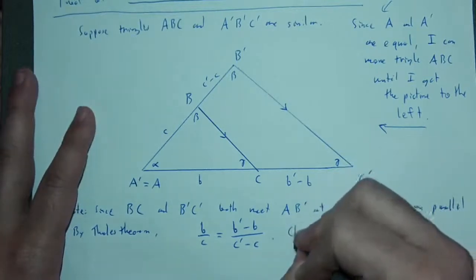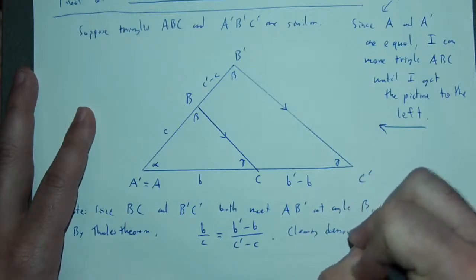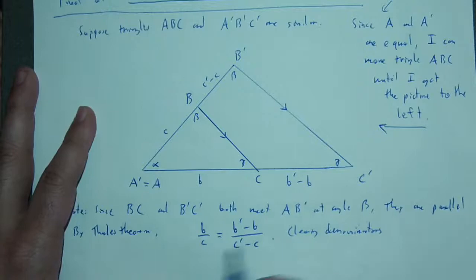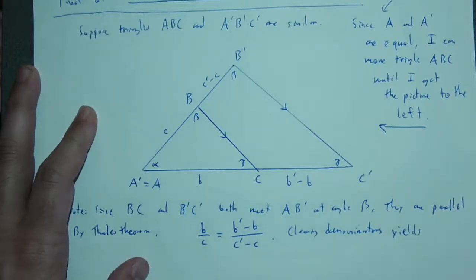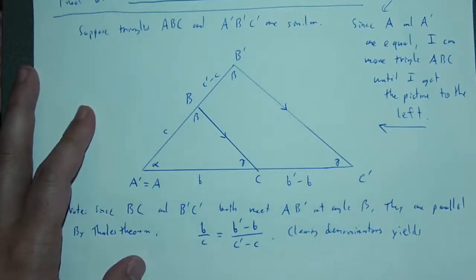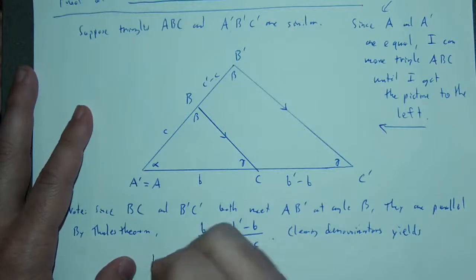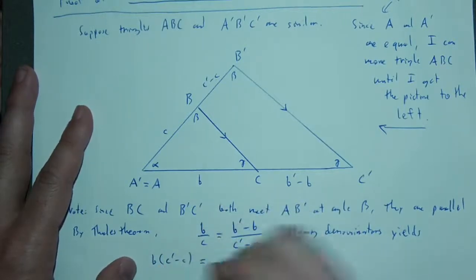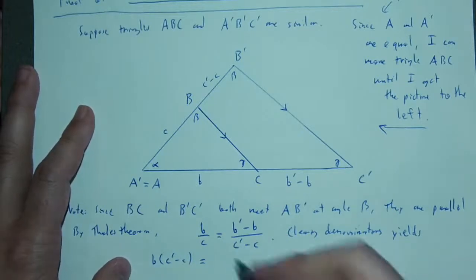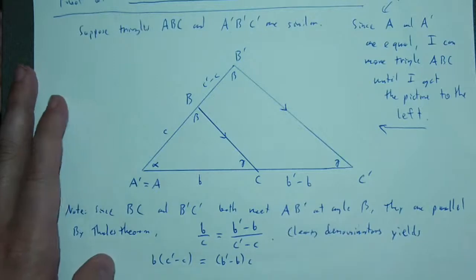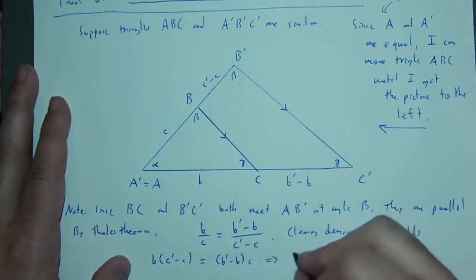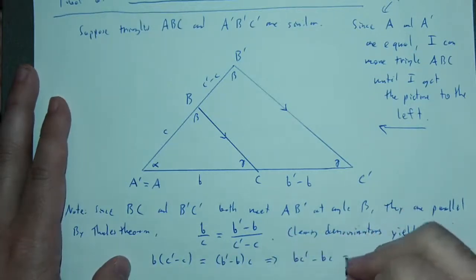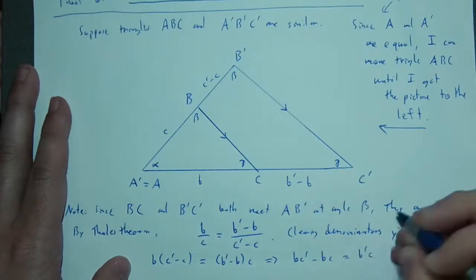So clearing denominators, multiplying both sides by c times c prime minus c, I get b times c prime minus c is equal to b prime minus b times c, i.e. I get b c prime minus bc is equal to b prime c minus bc.